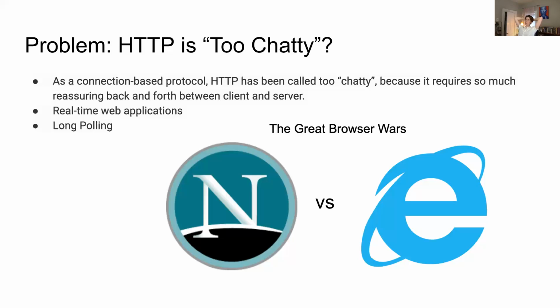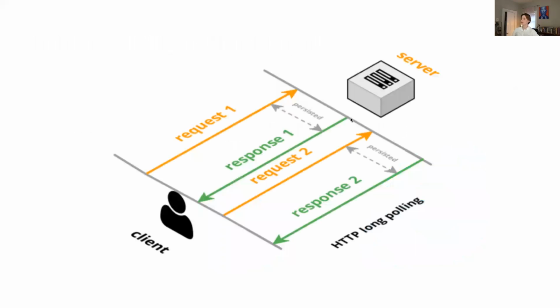So trying to build an application that accommodated all the different browser features was a lot more difficult during this time. A solution that they had at first was long polling. So you would send a request to the server and they would open a persistent connection. And then you could send request and response back and the server could push notifications back to you.